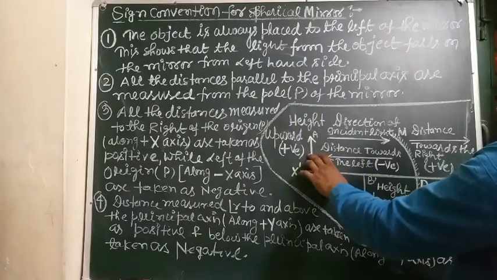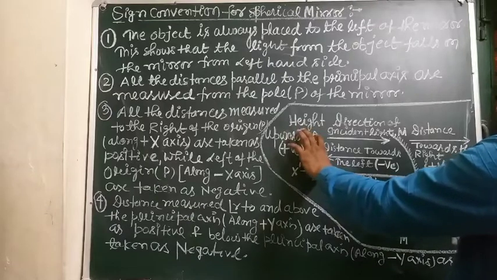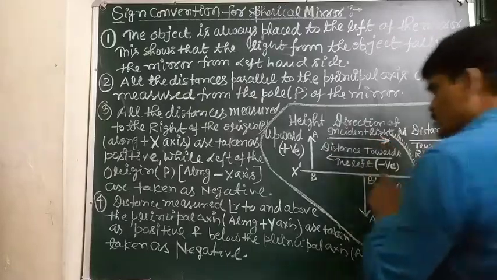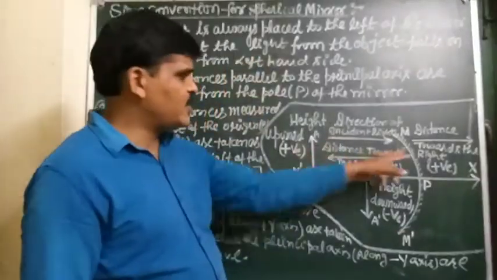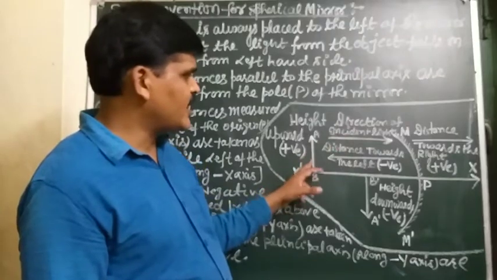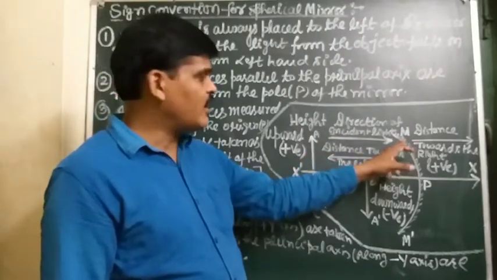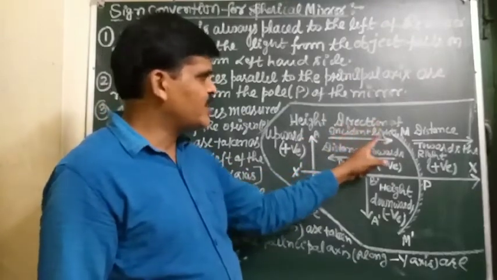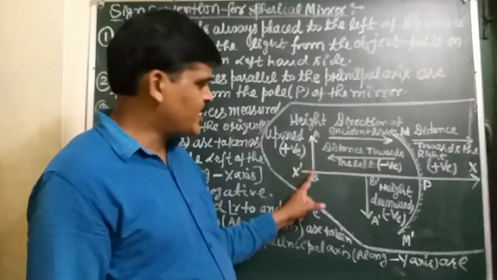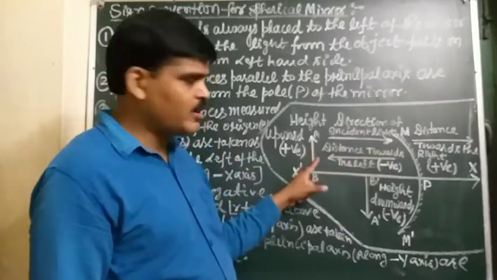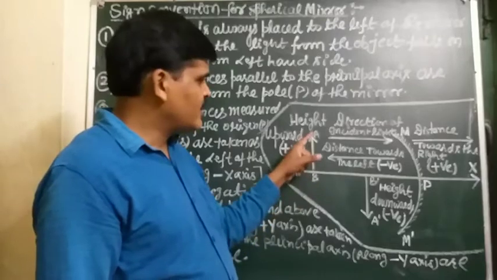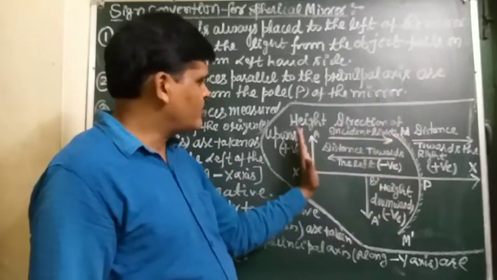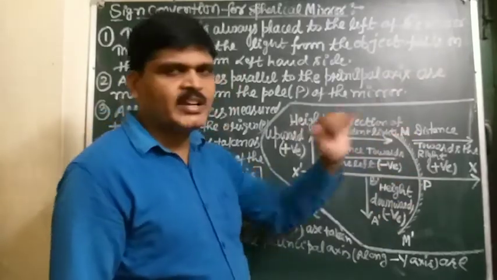This shows that light from the object falls on the mirror from the left side. See, this is the direction of incident light. So the object is kept on the left side of the spherical mirror, which means light is incident on the spherical mirror from the left side.